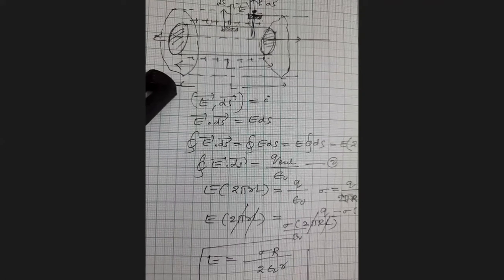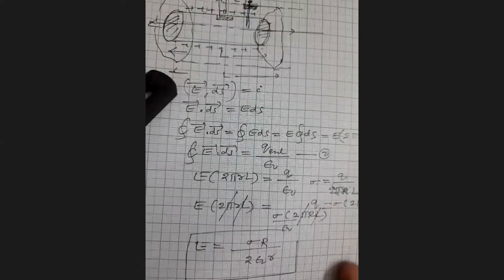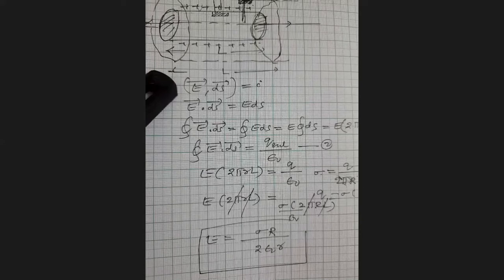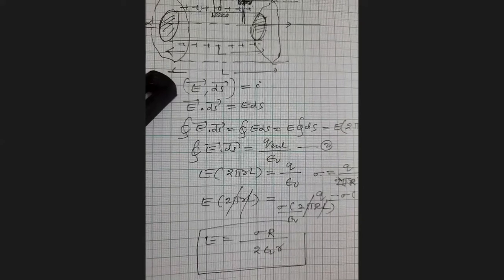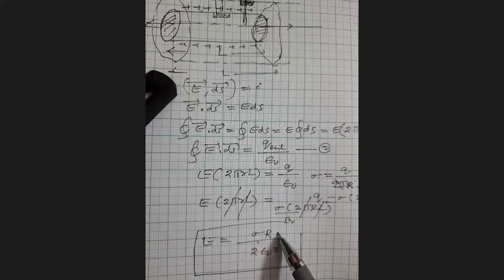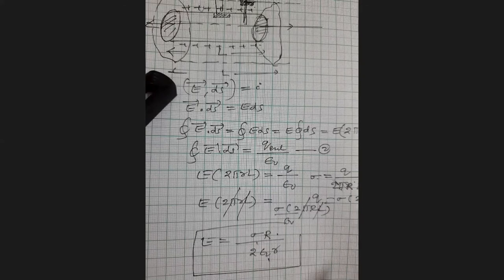This equation represents the electric field strength outside the uniformly charged conducting cylinder at distance r from the axis of the cylinder, where sigma is the charge density, capital R is the radius of the charged cylinder, and epsilon naught is the permittivity of free space.